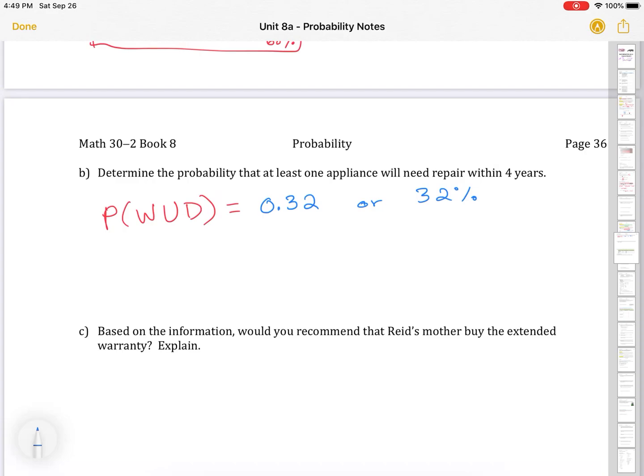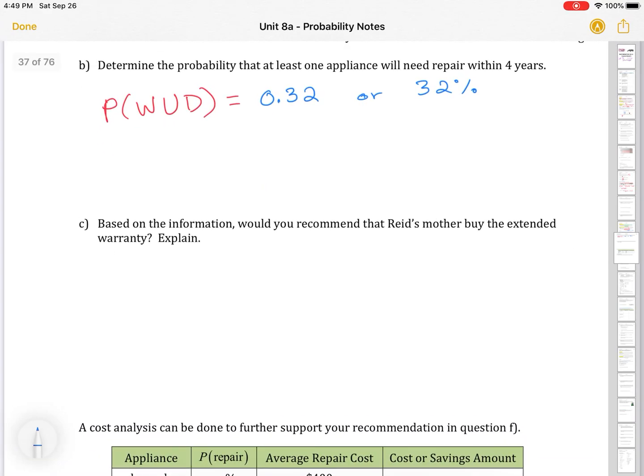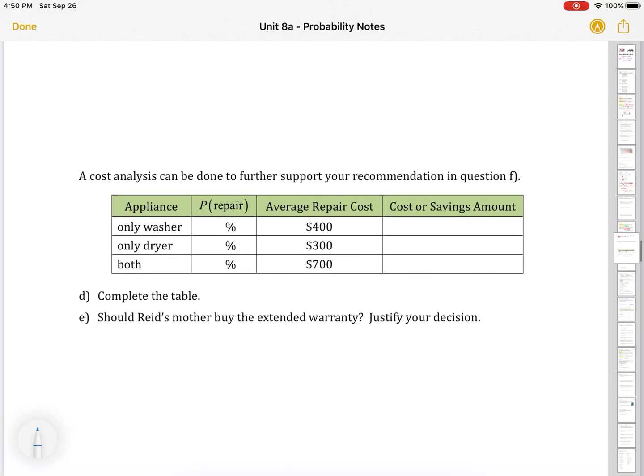In terms of buying that extended warranty for $450, it might be worth it so that you don't have to pay if it needs a repair within 4 years. It really depends on if you think the odds are in your favor. So with 32%, I don't know, it might be worth it. Or you might say, you know what, if I just take good care, it won't. Now you can do a cost analysis.